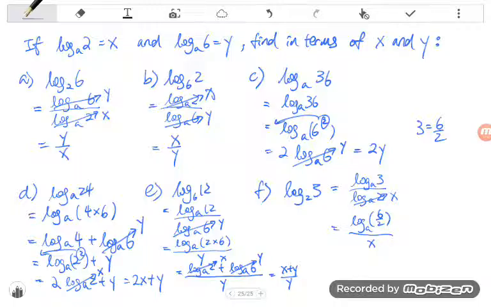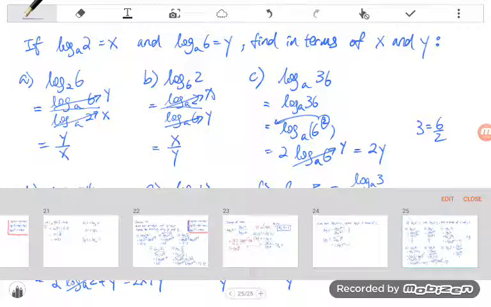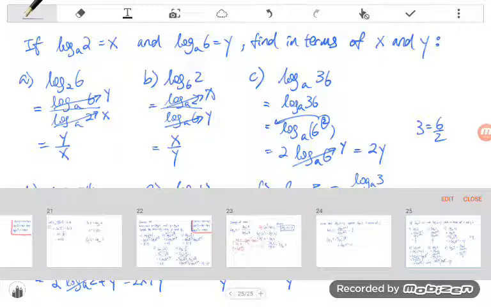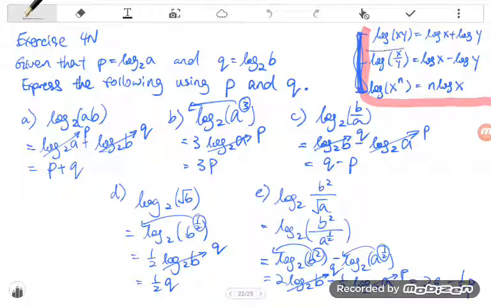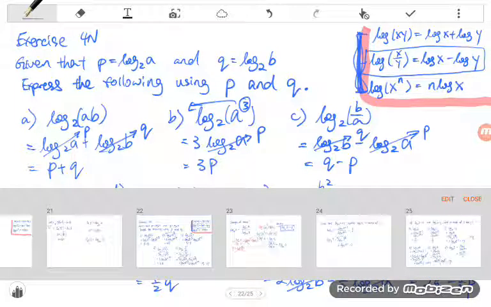And you guys might be able to see why I do that. So here I could use the property. Which one is that? There you go, this one right here. So log of x over y is equal to 2 logs minus each other, right? So I'm going to do that.